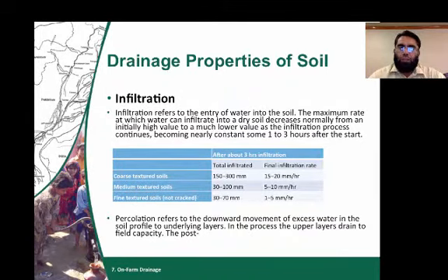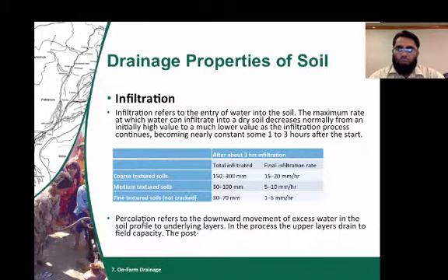Okay, infiltration is basically the entry of water into the soil, and this is also dependent on the texture of the soil. Coarse texture soils have a very high infiltration rate, 15 to 20 millimeter per hour.